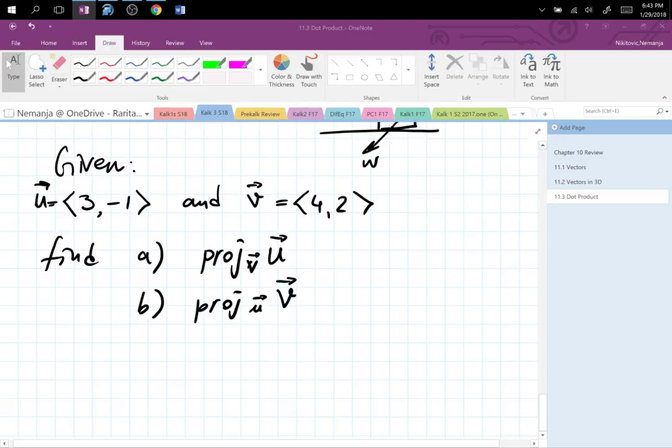That's going to be a vector. The answer has to be a vector.